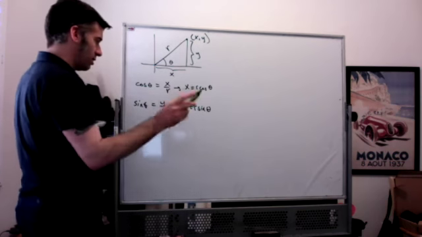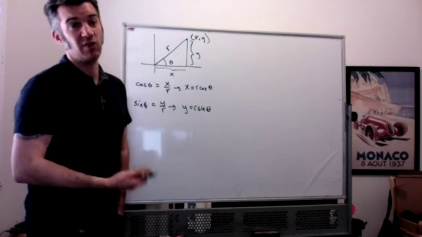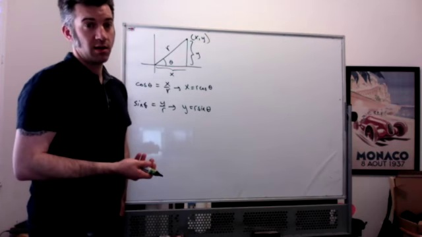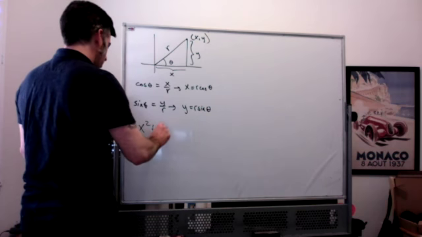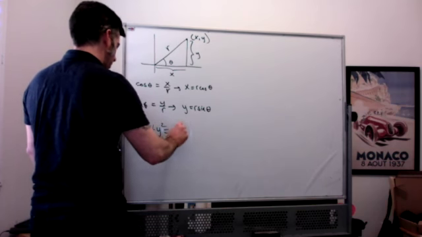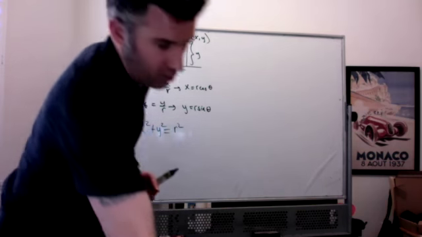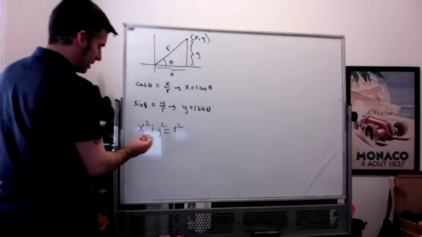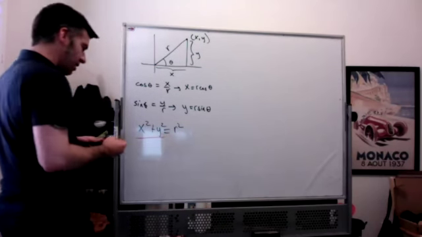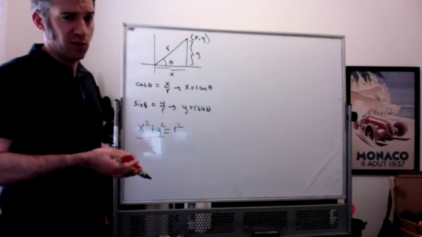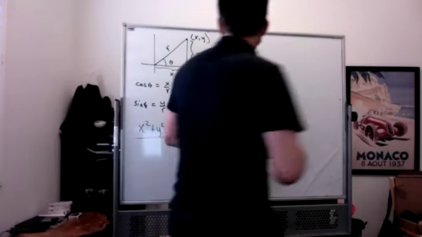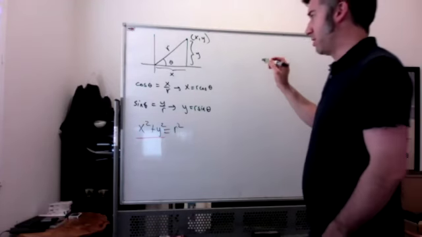And importantly, this is usually the tip off that you might try polar coordinates: x squared plus y squared equals r squared. So if you see an x squared plus y squared, it's not a bad thought to say, maybe I should try polar coordinates. There's one other thing to say, but I'll get there in a minute.